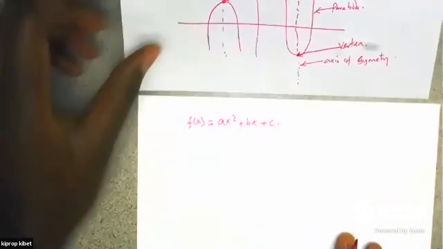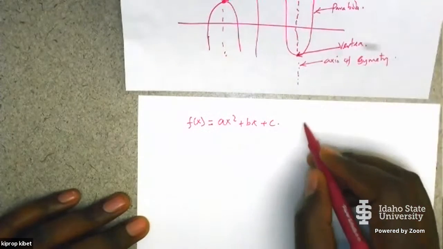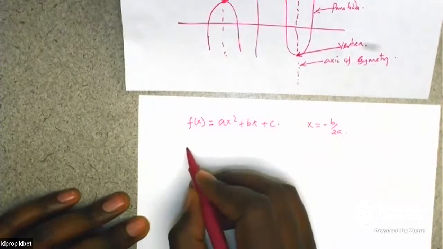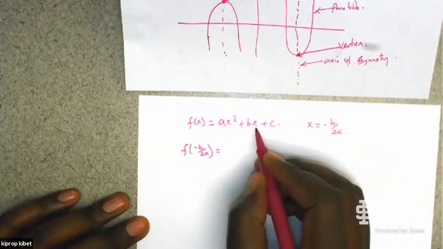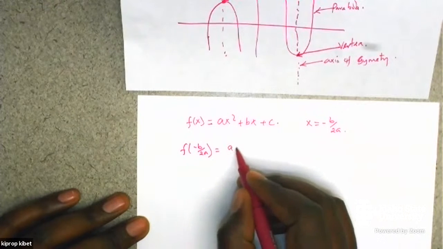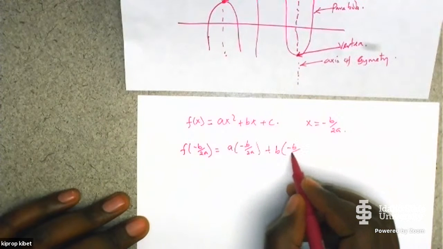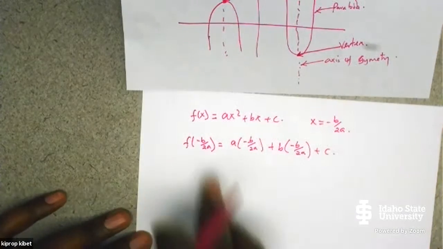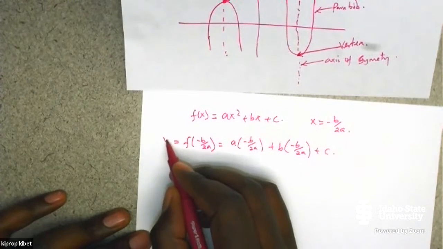Now to get the point here, we substitute this value of x equals minus b all over 2a. So f of minus b all over 2a, we substitute it here. Where there is x, you put minus b all over 2a, which is a times (minus b over 2a) squared plus b times (minus b all over 2a) plus c. So this is now giving us the y at that point.